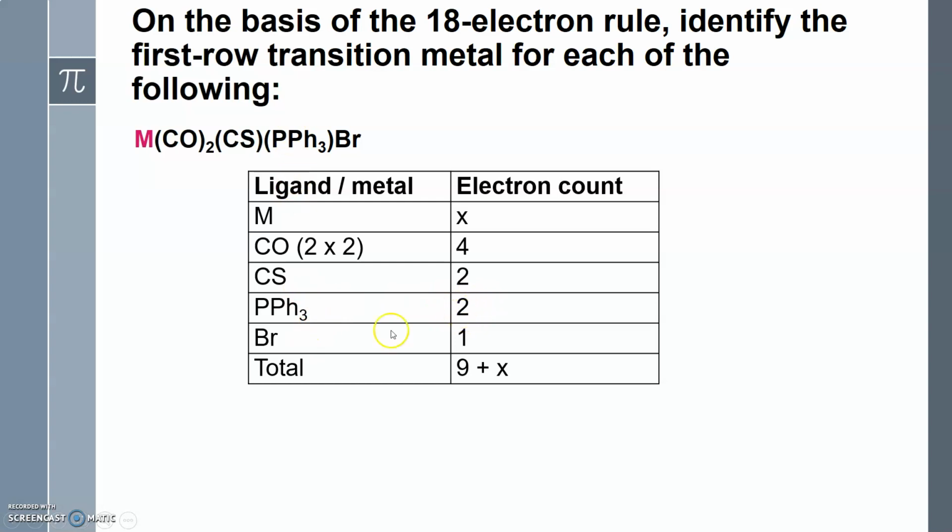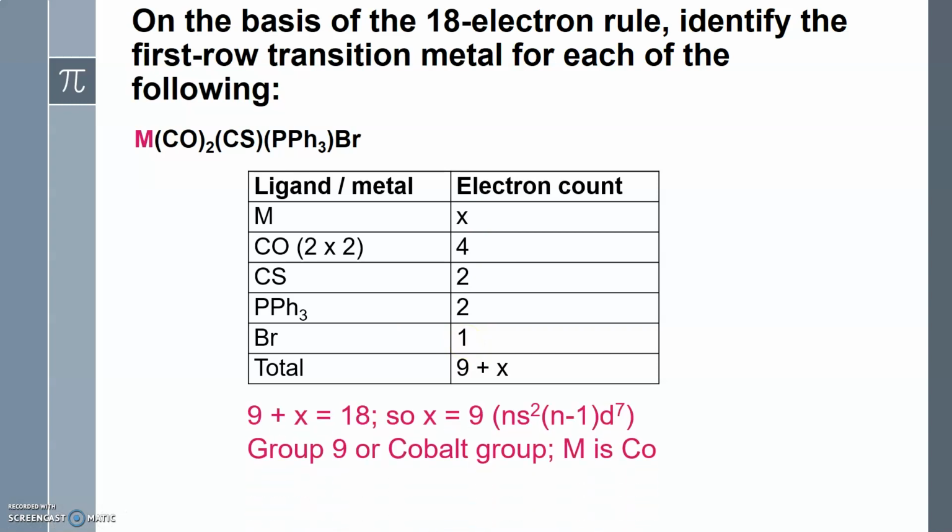The contribution is 2, as it's a neutral ligand. The next one is bromine. For all halo compounds directly attached to the metal, the electron count is 1. So the total is 9 plus X. It is already given to calculate based on the 18 electron rule. So 9 plus X is equal to 18, or X is equal to 9, which means it belongs to the cobalt group, or M is Co.